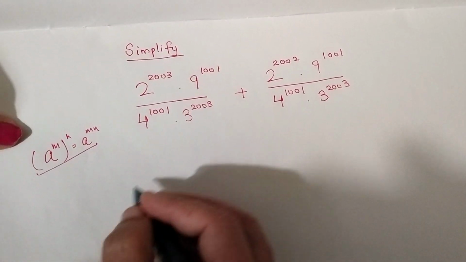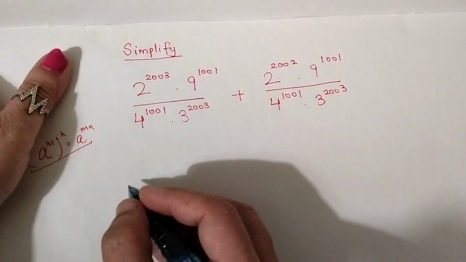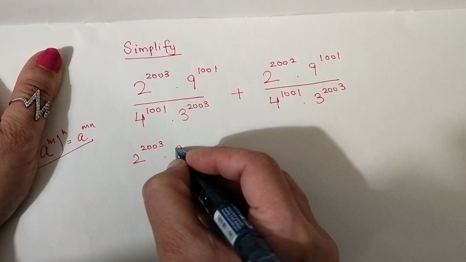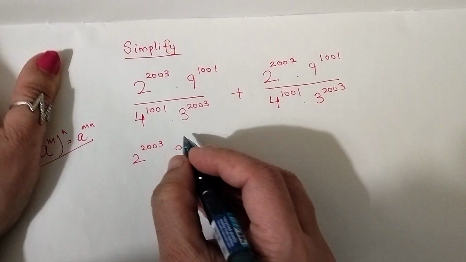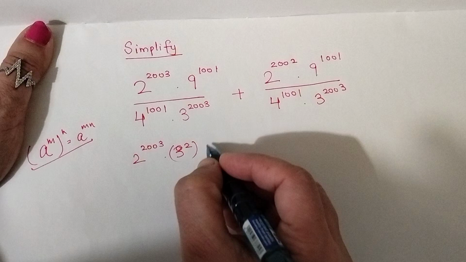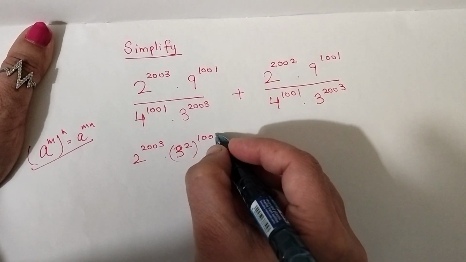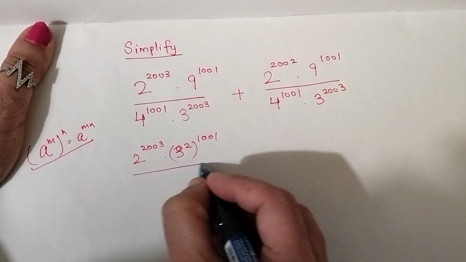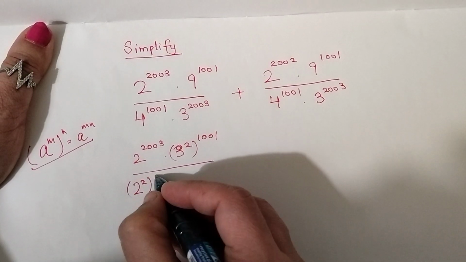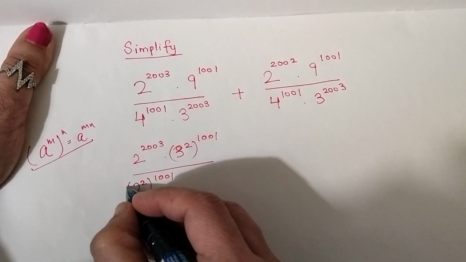How? Now I will simplify this first step. Suppose I have here 2 raised to power this, right? And then we have 9 here, and 9 can be written as 3 square. So it is 3 raised to 2 power 1001, divided by 4 written as 2 square raised to power 1001, right?